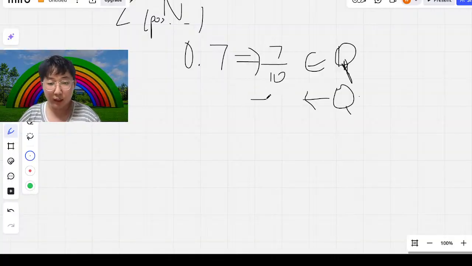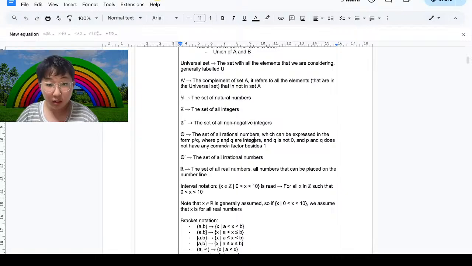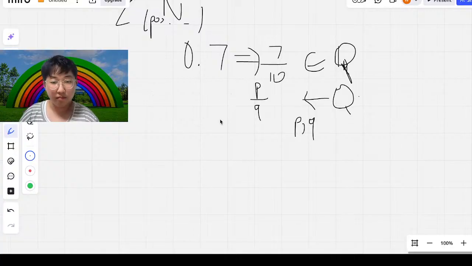All numbers that can be expressed as a fraction, in the form of p over q. But if p and q had common factors, they can be cancelled out. So we would say where p and q are relatively prime, or you can say that they have no common factors except 1. And then we also need to ensure that q is not 0 in order for this to be a rational number.